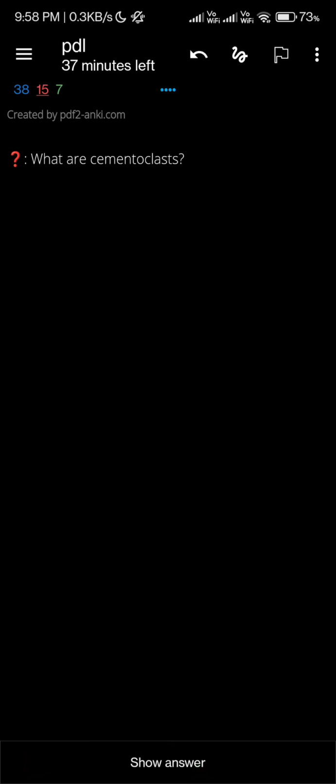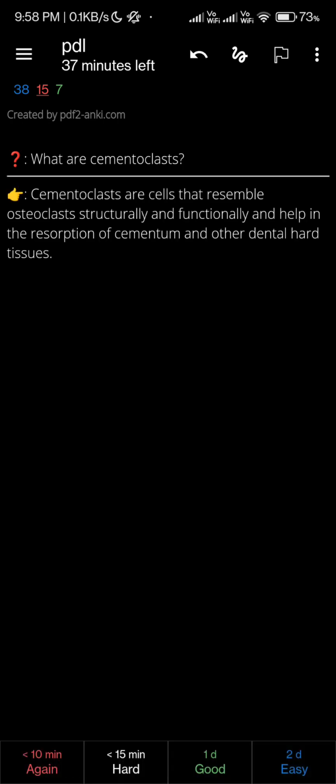And what are cementoclasts? They resemble structurally and functionally the osteoclasts and help in resorption of cementum and other dental hard tissues. So what are synthetic cells in the periodontium? They include all three types: fibroblasts, cementoblasts and osteoblasts, and they help in the maintenance and regeneration of periodontium.